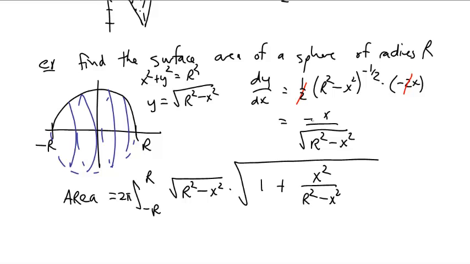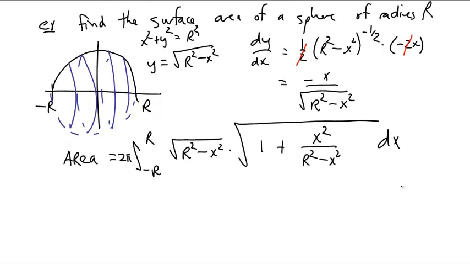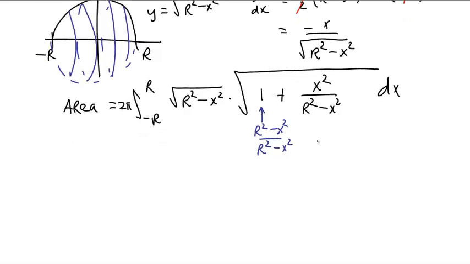The negative goes away and the square root goes away, dx. And what's even lovelier, I'm going to skip a step for the sake of space: I'm going to turn this 1 into r squared minus x squared over r squared minus x squared in the interest of getting a common denominator. And when I add that to x squared over r squared minus x squared, I'm just going to get r squared. The x squareds will cancel out.